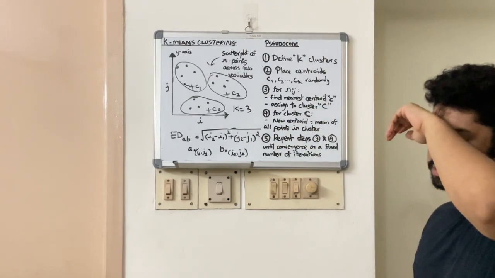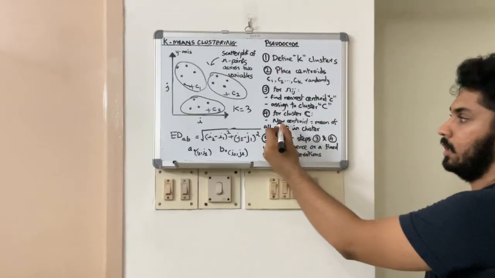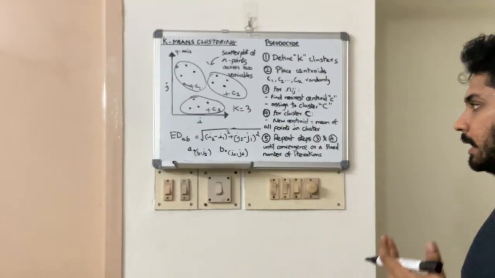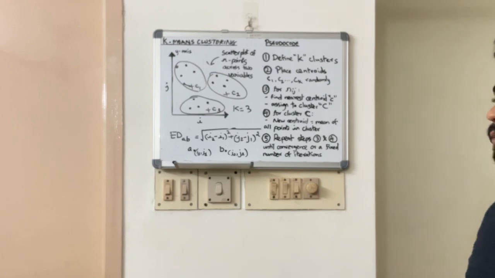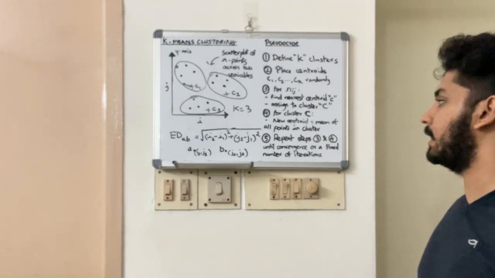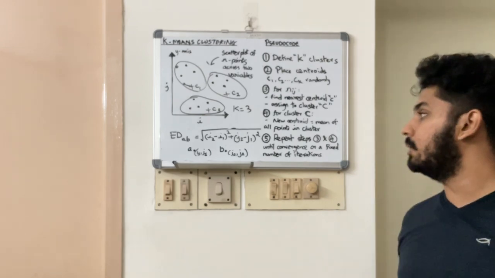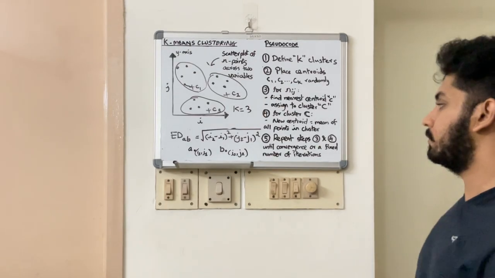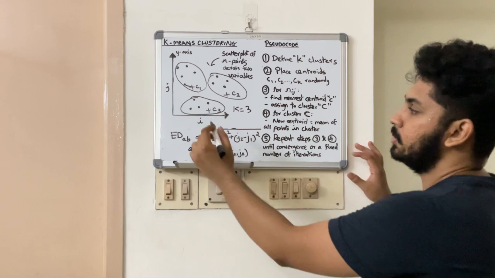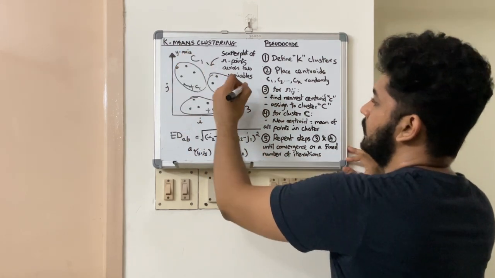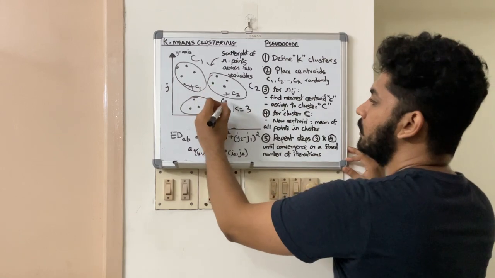Now, for each of the clusters that we have defined now, capital C1, capital C2, and capital C3, we need to iteratively identify a new centroid, which is defined as the mean of all the points in the cluster. And so if you take the first cluster here, capital C1, for example, I'll just label all the clusters here.